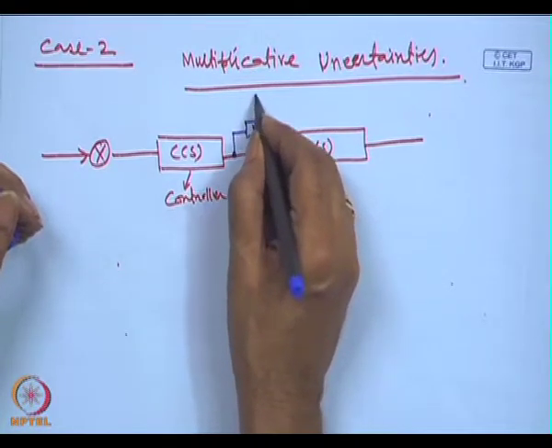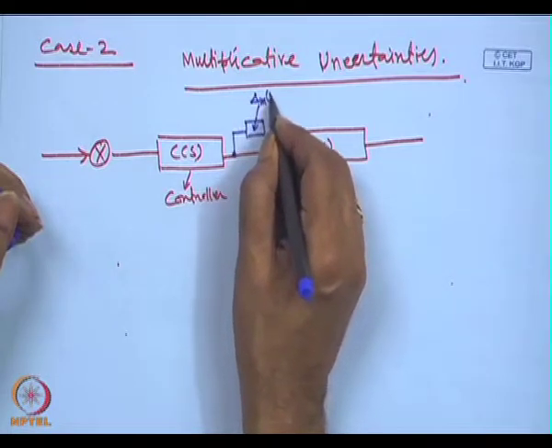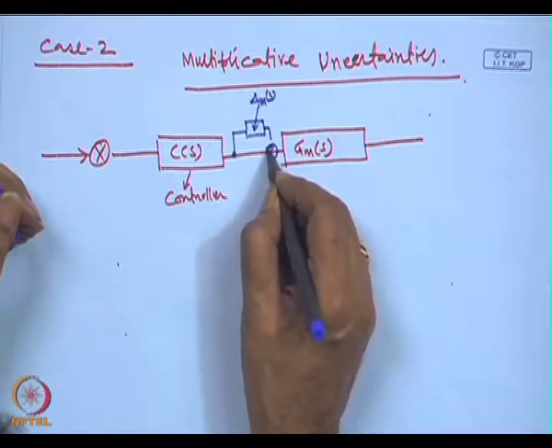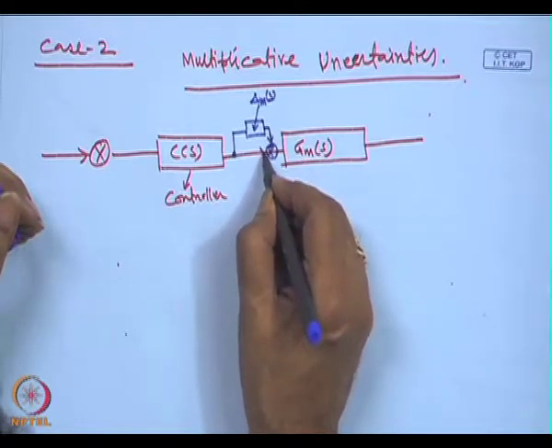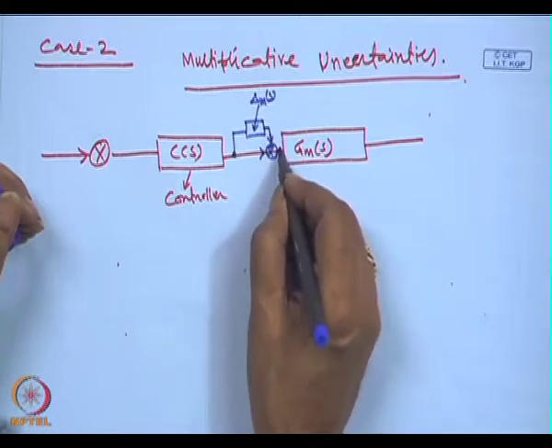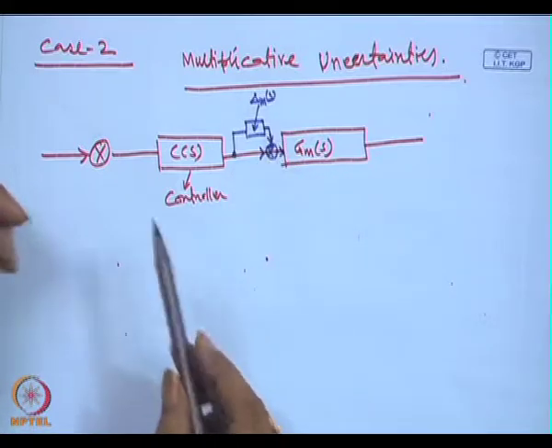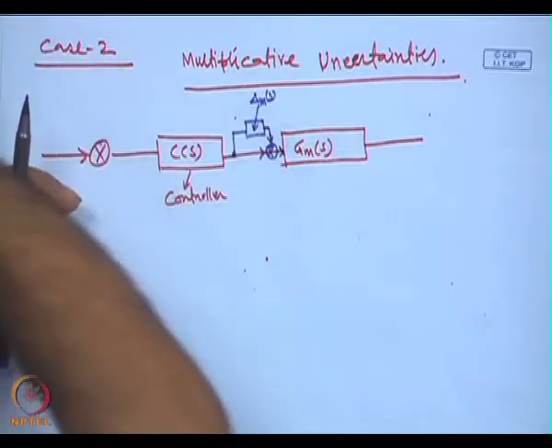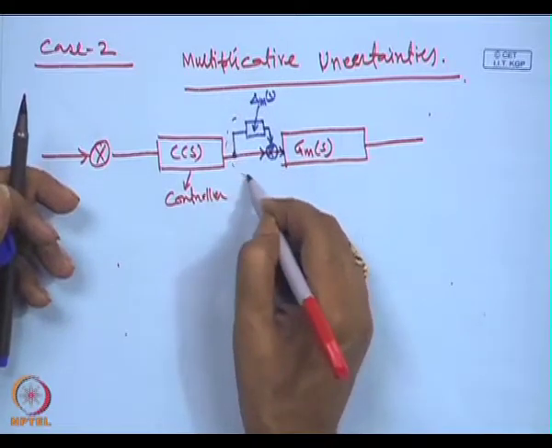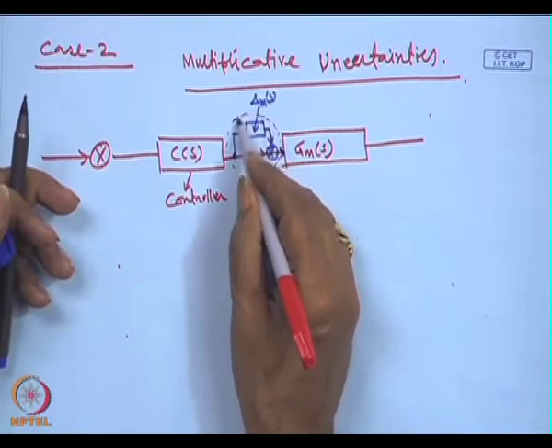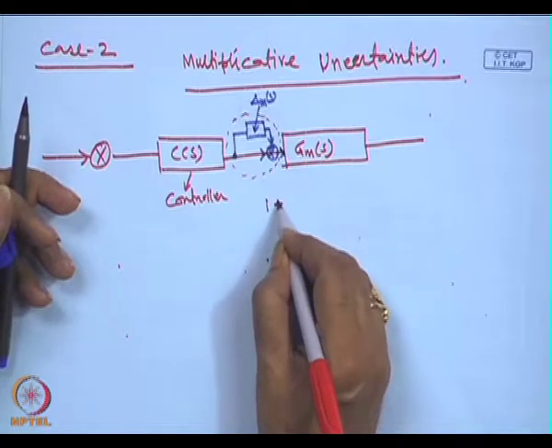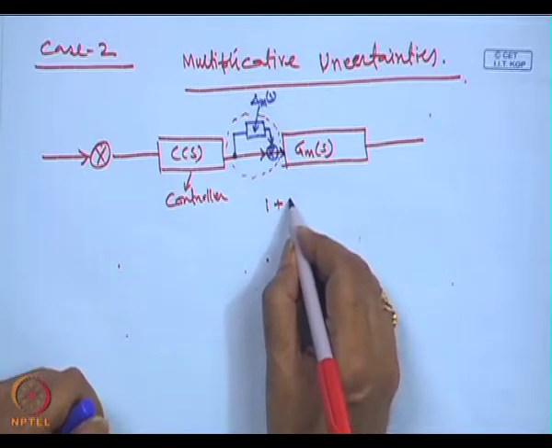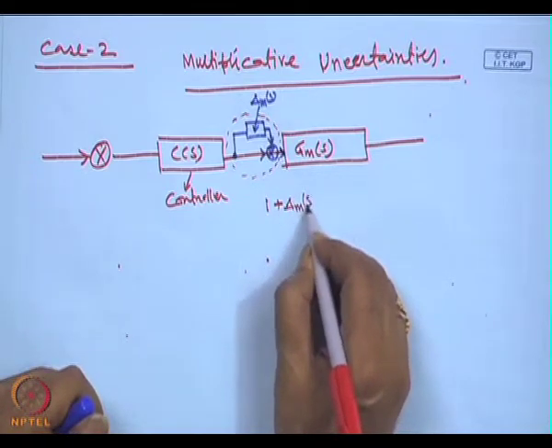This is delta m, m stands for multiplicative, coming here. If you see this block, it is nothing but 1 plus delta m of s.